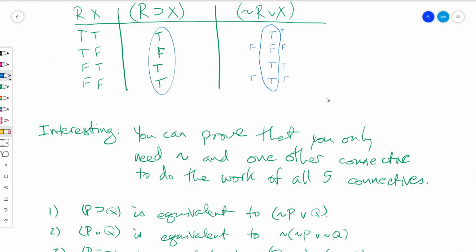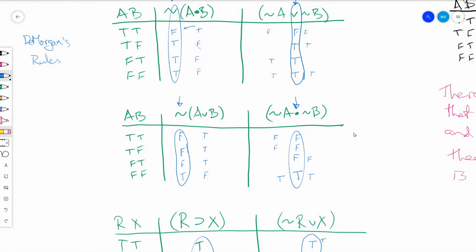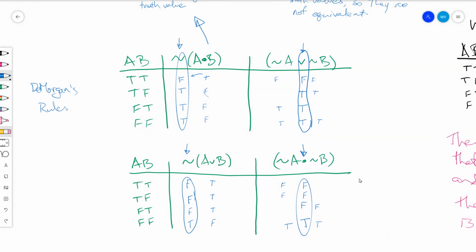Let's go back to those. And what we see is that we've got the idea of distributing the negation sign inside a conjunction to give us a disjunction. So we can do that here if we imagine A and B, and we can think of this as a double negated A and B, right?